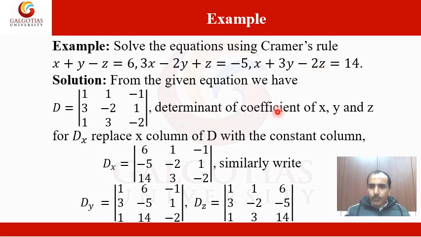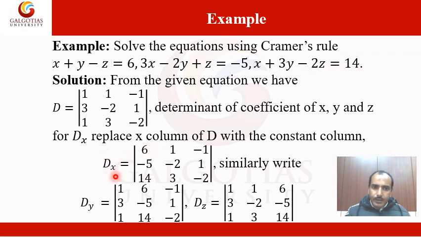This is the determinant D. For Dx, replace the x column of D with the constant column. That is, we replace the x column 1, 3, 1 with the constant values 6, minus 5 and 14.